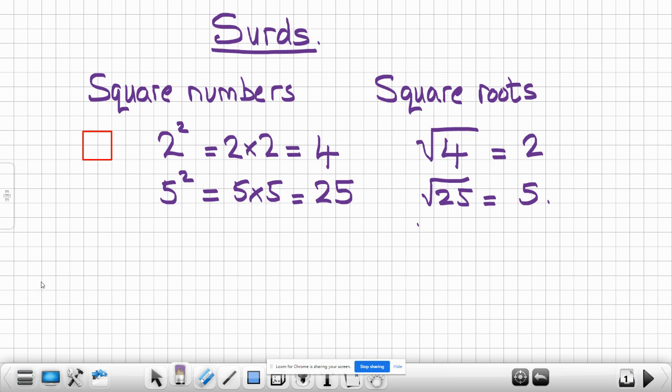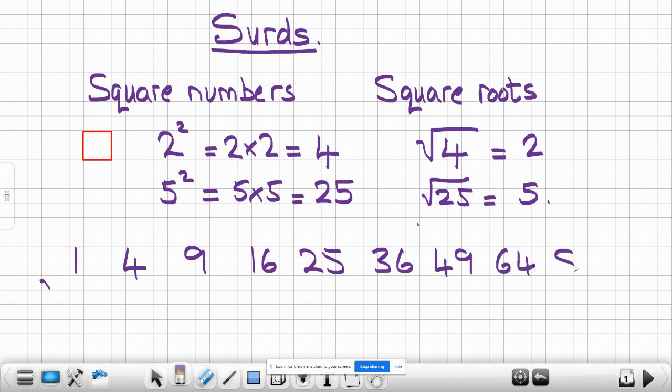And now let's have a look at the first square numbers. So we've got 1, 4, 9, 16, 25, 36, 49, 64, 81 and 100. They're our first square numbers.